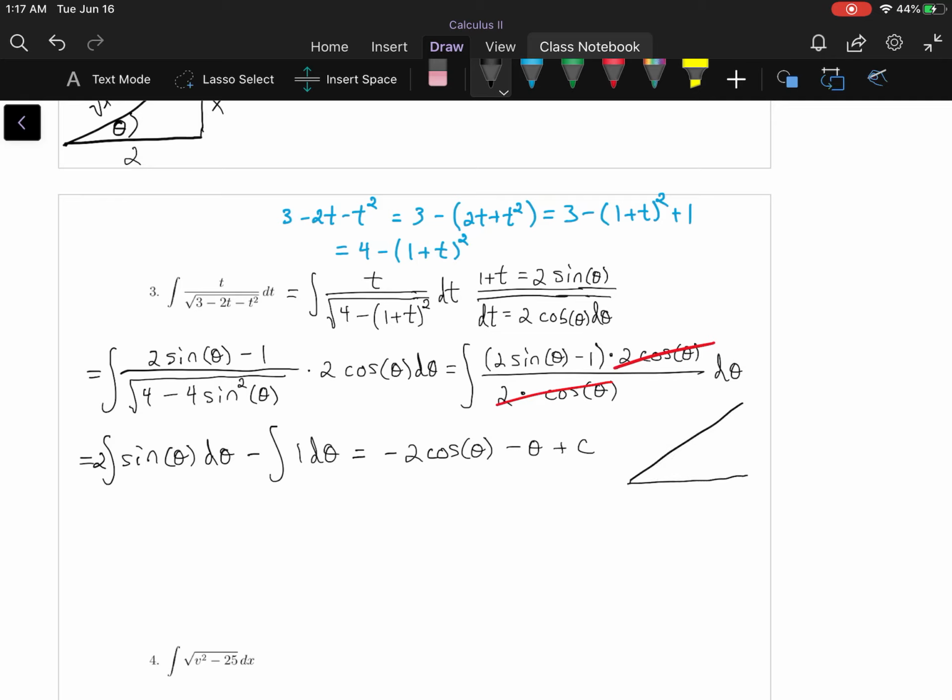which means that in our triangle, sine is opposite over hypotenuse. So opposite is the 1 plus t. Hypotenuse is 2, which means adjacent is the square root of 2 squared, or 4 minus 1 plus t quantity squared.